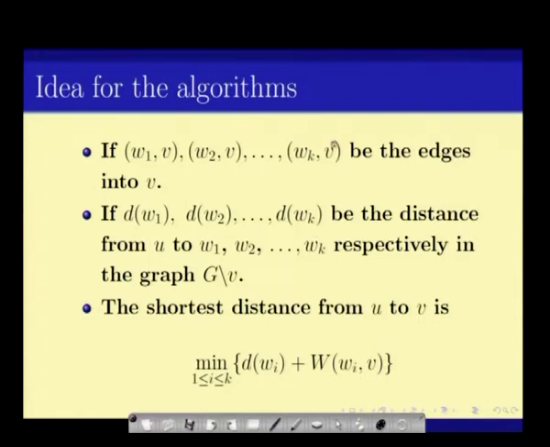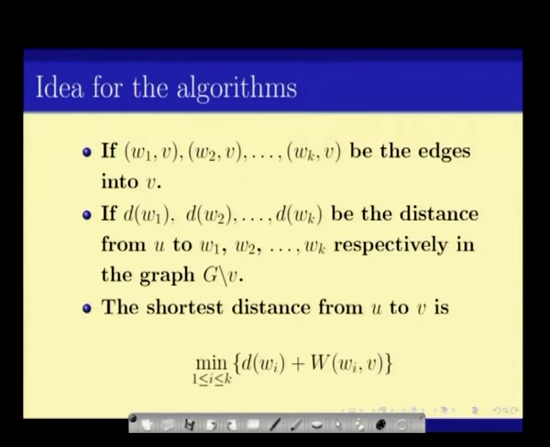Now, I know that if I have to enter v, I have to enter through one of these paths. I have only a finite number of places through which I can enter. So, if I enter through w1, what would be my distance? My distance will be d of w1, which is the shortest distance to w1, plus the weight of this edge, w of w1 comma v, and similarly for w2 and so on.